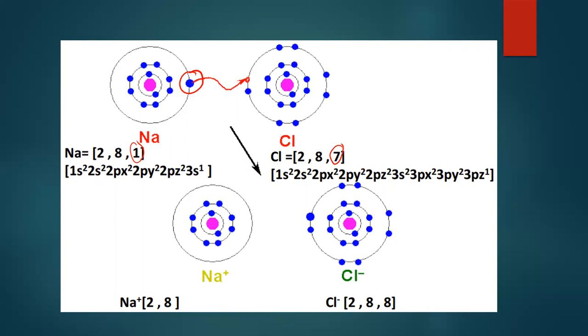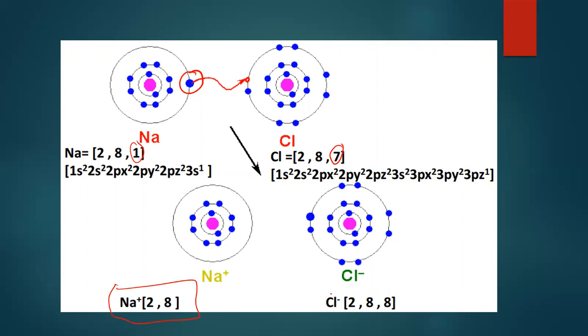And in the process, they bond using the type of bonding called ionic bonding. And you can see that sodium has remained with 8 electrons in its outermost shell, which has made it achieve the octet state, or the stable state in short.